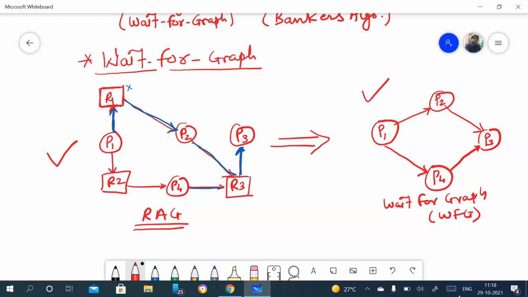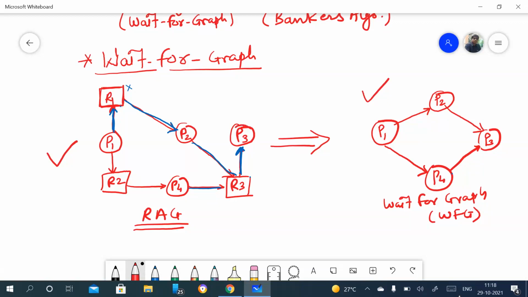So this is a resource allocation graph. One more example, if you want, I can give you, but I think one example is sufficient, right? And here, if you consider P1, P2, P3, P4, can we say this would be in a deadlock state? Because P3 is not waiting for anyone.